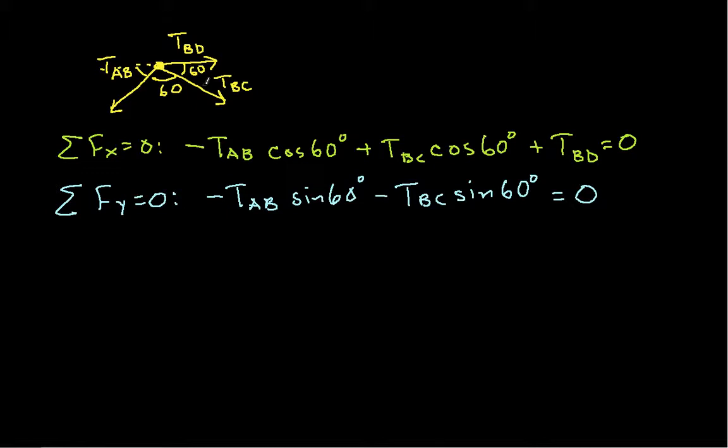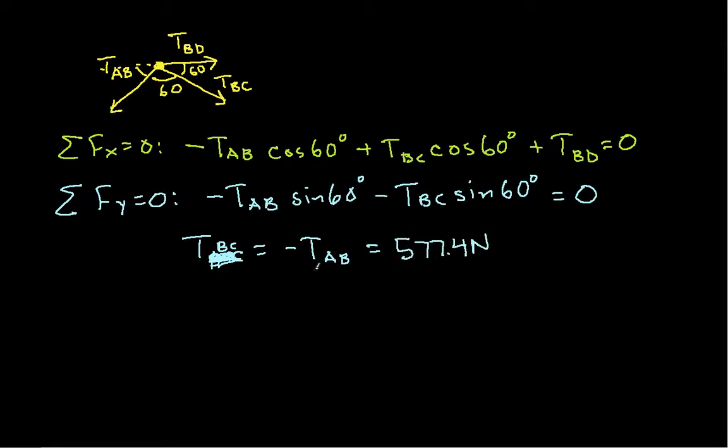And this tells us then that TBC, I'm sorry, let's see, TBC is equal to minus TAB, and we know that minus TAB is going to be 577.4 newtons.